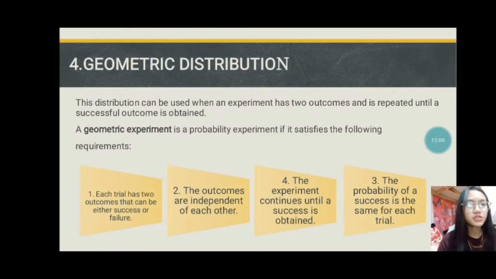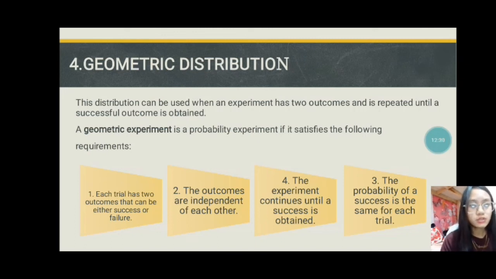Lastly, the geometric distribution. This distribution can be used when an experiment has 2 outcomes and it is repeated until a successful outcome is obtained. A geometric distribution experiment is a probability experiment that satisfies four requirements.